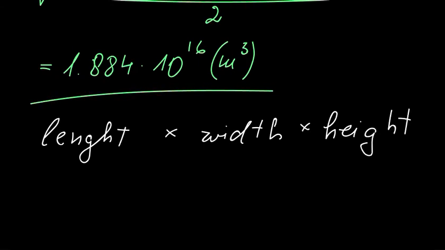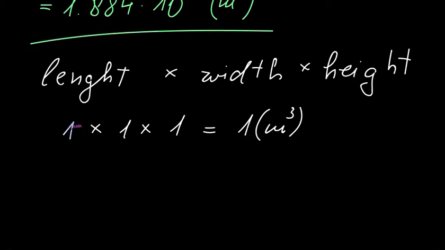Now, 1 cubic meter is 1 times 1 times 1, and this is 1 cubic meter. Now, 1 meter contains 100 centimeters.